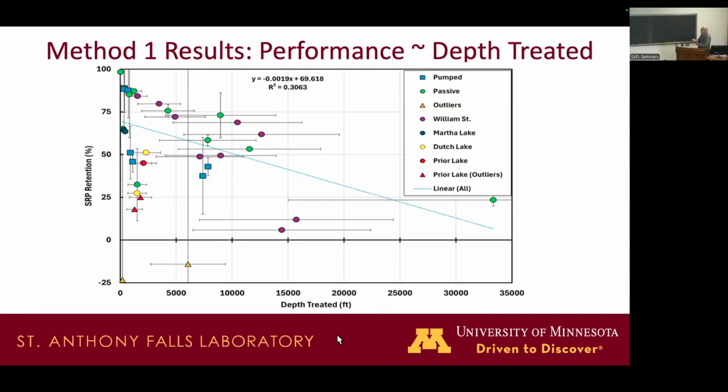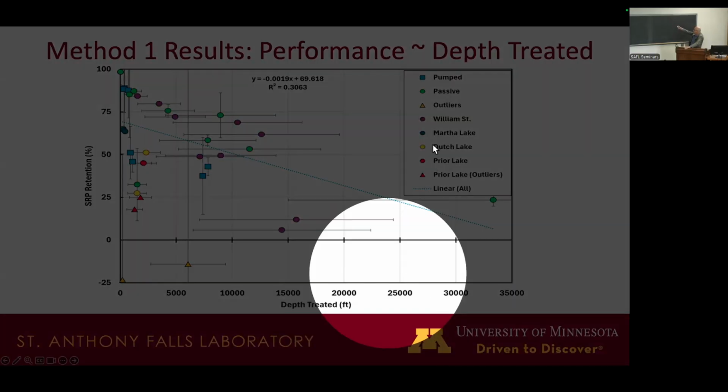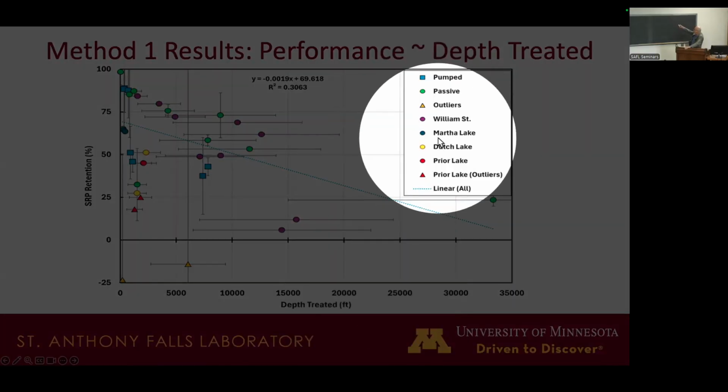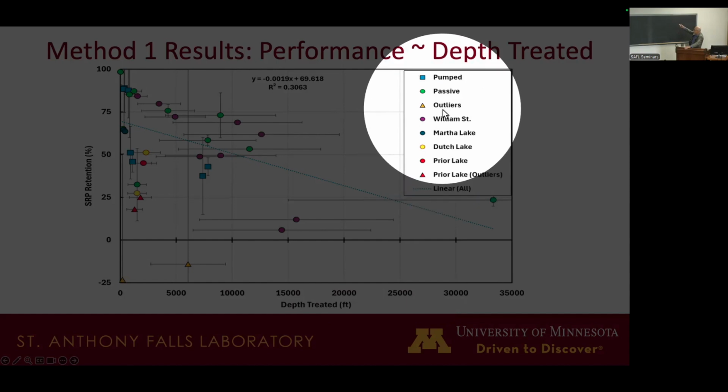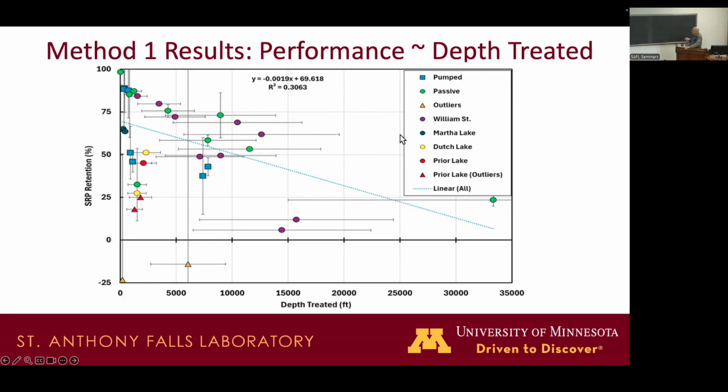So these are the results of performance versus depth treated. But there are some outliers here. Let me go through this. We have pumped IESFs, passive IESFs, and some outliers that were determined by the degree of uncertainty in the analysis.